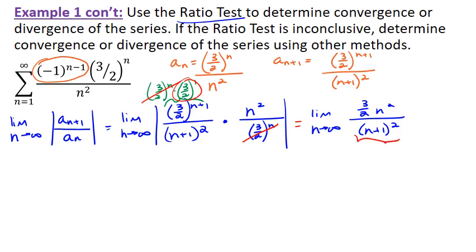If I FOIL this out, this is n plus 1 times n plus 1, which is n squared plus 2n plus 1. I don't want a fraction within a fraction, so I can clean this all up a little bit. So I can write this as 3/2 times n squared over what I just FOILed out, n squared plus 2n plus 1.